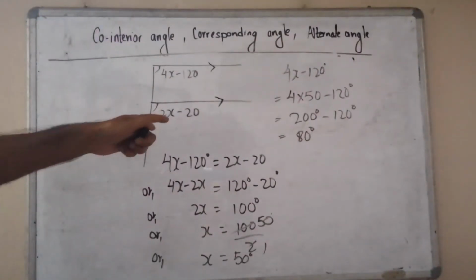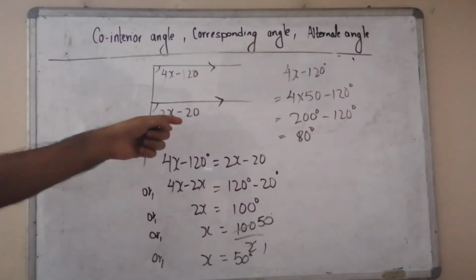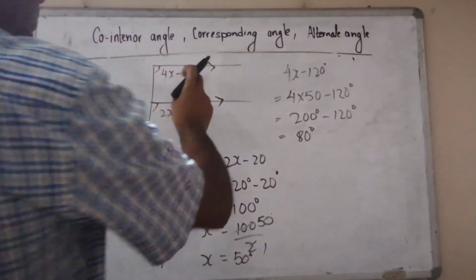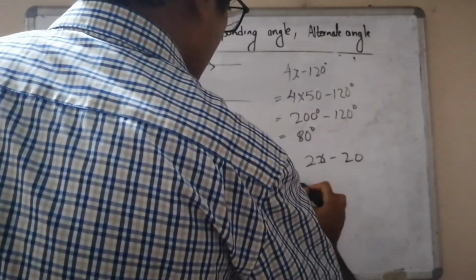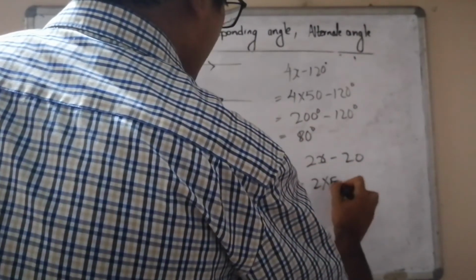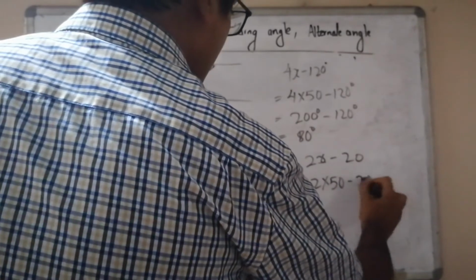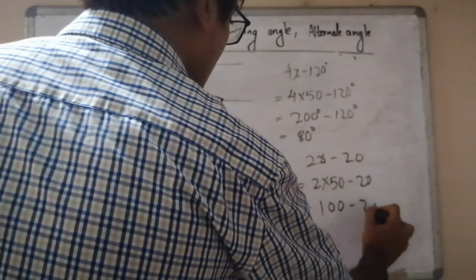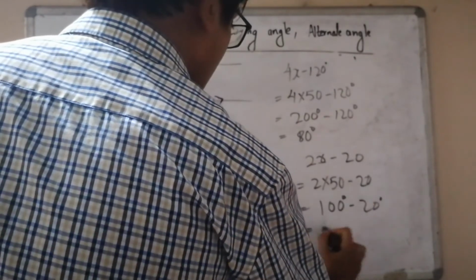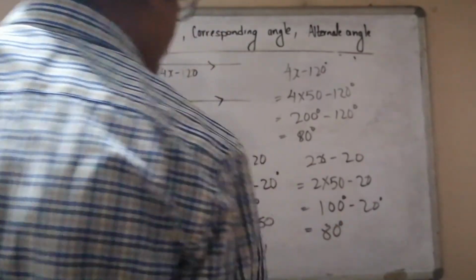So if you do the same thing to this angle, then it will also give 80 degree here, because these two angles are equal. So let us solve this. 2 into 50 minus 20 equal to 5 2s are 100 minus 20 is equal to 80 degree.